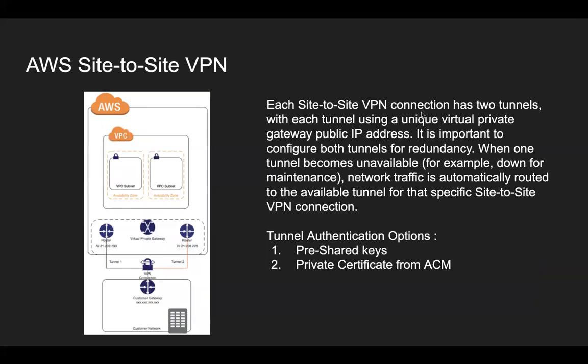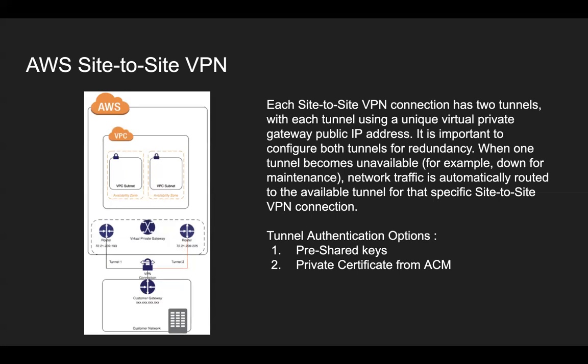Over here, let's take a small moment to think about what the different tunnel authentication options are and how we manage redundancy or resiliency. Each site-to-site VPN connection that you create on the AWS side of things has two tunnels, and each tunnel has its own public IP address. If you think about Google Cloud Platform, they have a single VPN, which is non-HA, which allows you to create only one tunnel, whereas if you go for the HA VPN option on Google Cloud Platform, it provides two tunnels.